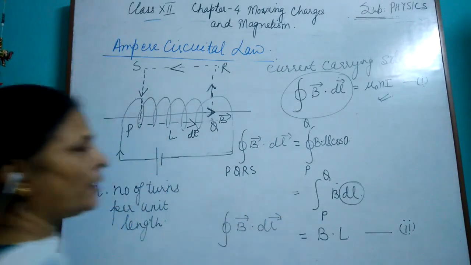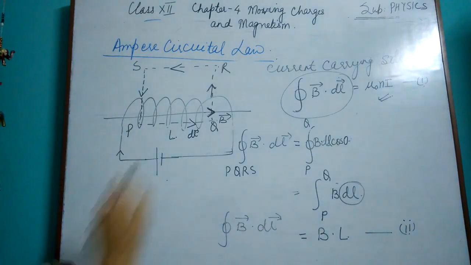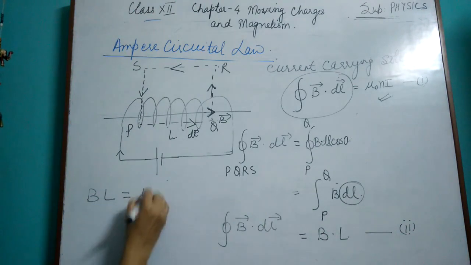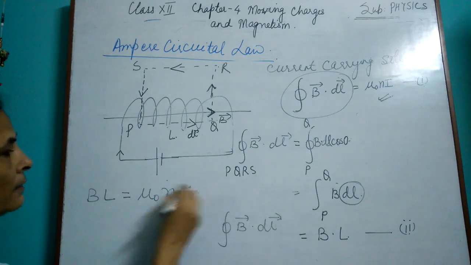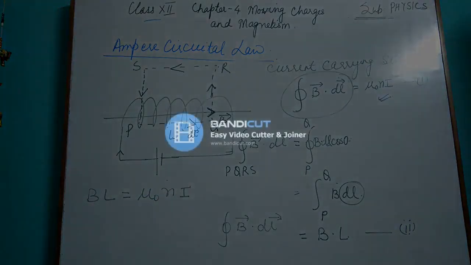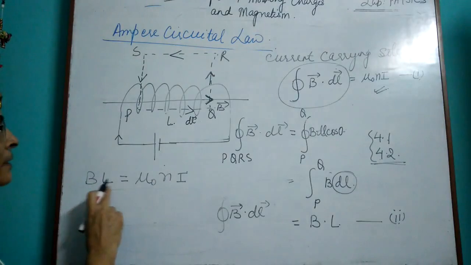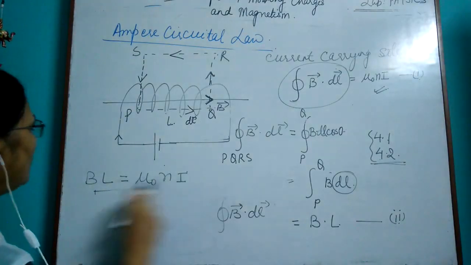Now from equation number 1 and 2, what you'll obtain? BL is equal to mu naught N I.